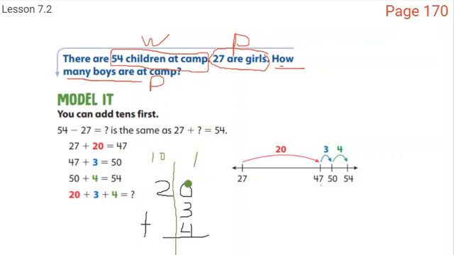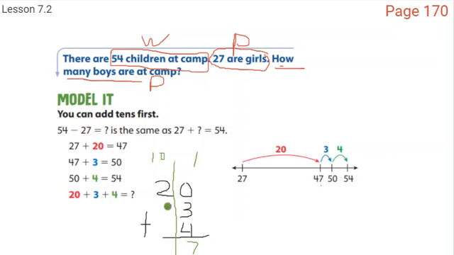So now we're adding this up. 0 ones plus 3 is 3, because 3 plus 0 is 3. 3 plus 4 is, you can use your fingers, 1, 2, 3, and then 4, 5, 6, 7. That's 7. How many tens do we have?